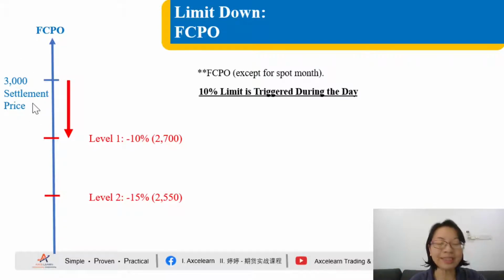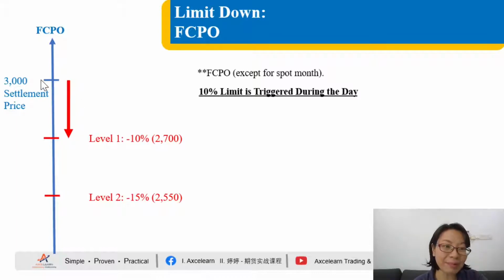So this settlement price, technically, might not equal your closing price. If you really cannot understand, you can just take it as the closing price. Normally for retail, you trade the active month, and the closing price is very close to or even equivalent to the settlement price.